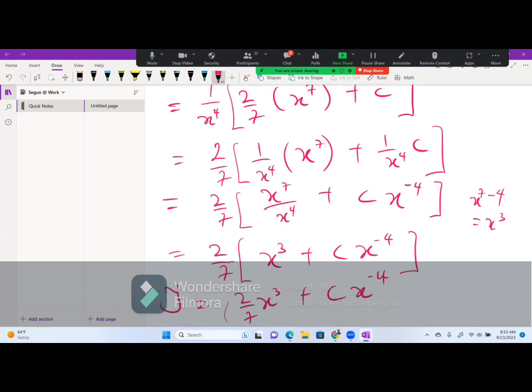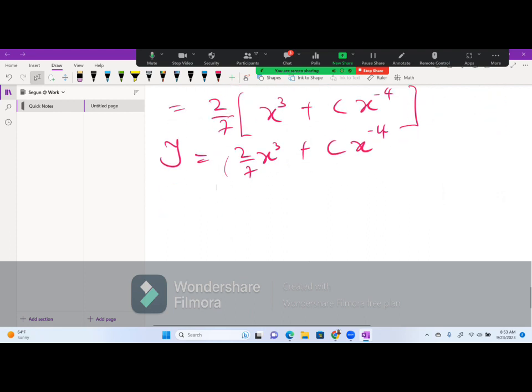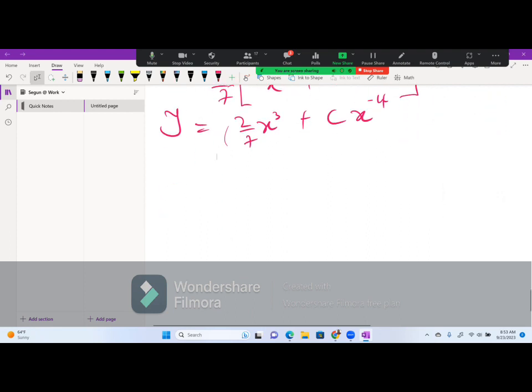But we can check whether we are right or wrong. How do you check this one? I don't want to complicate the issue, but I can still help you by checking it. Let me just do this one as a check. For us to check this one, remember this is our y, right?